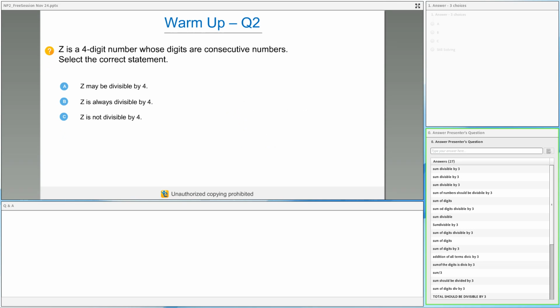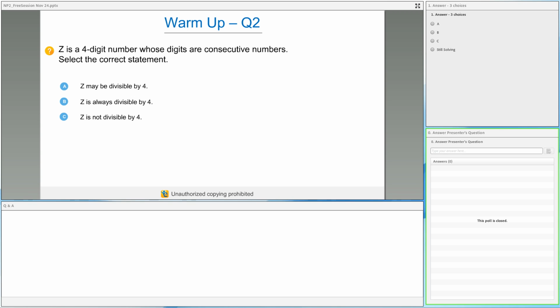Okay, try this one. Let me clear the poll and open it. Okay. Once again, please mark still solving, those of you who are trying it.